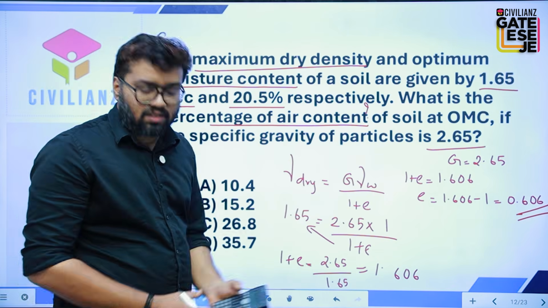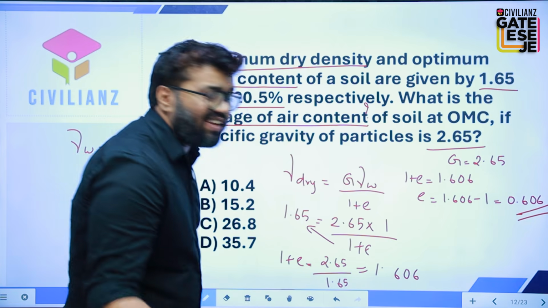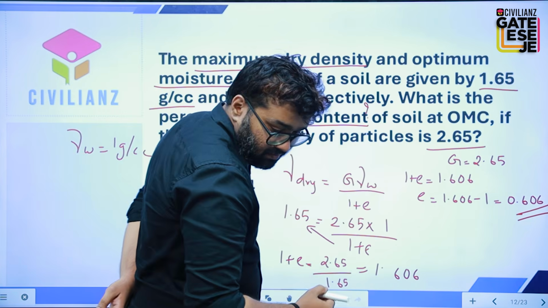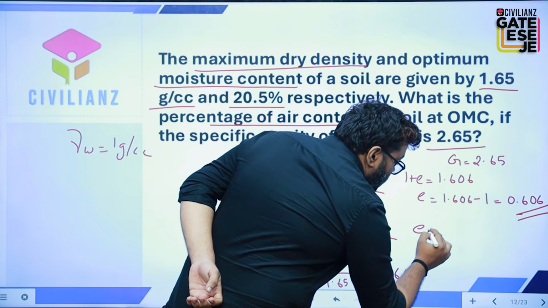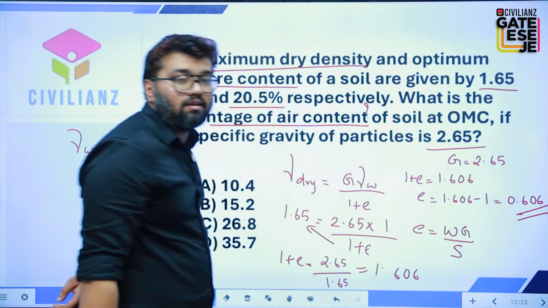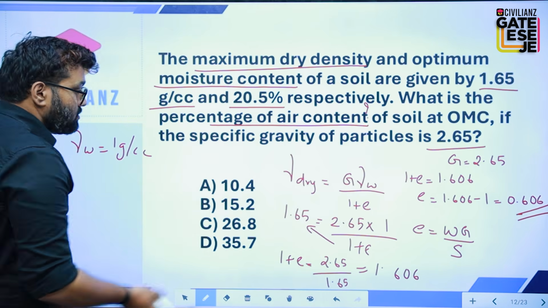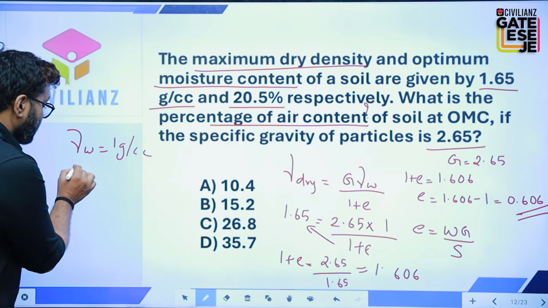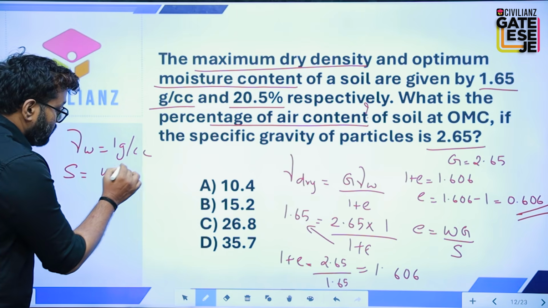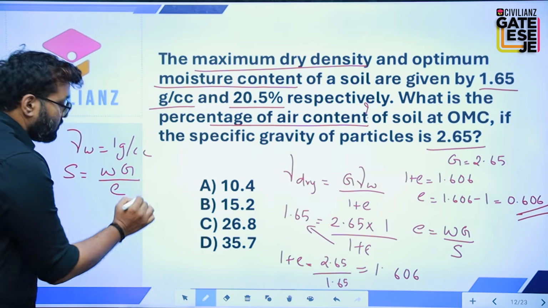So here the question is, what is the air content? There is no equation to find that immediately, but we can use another equation. e is equal to wG by S, and from here we can write S is equal to wG by e.